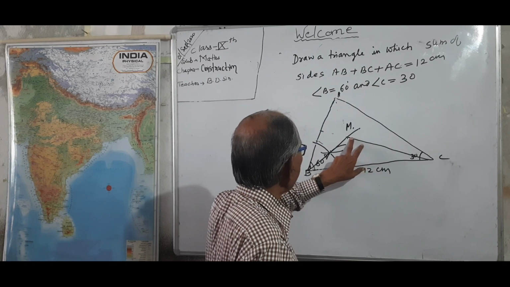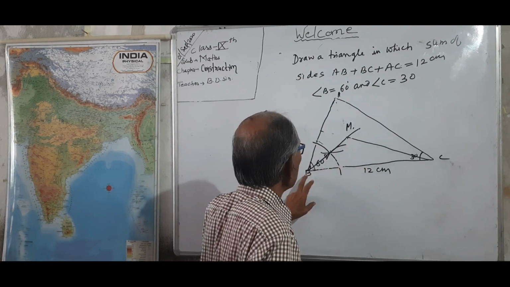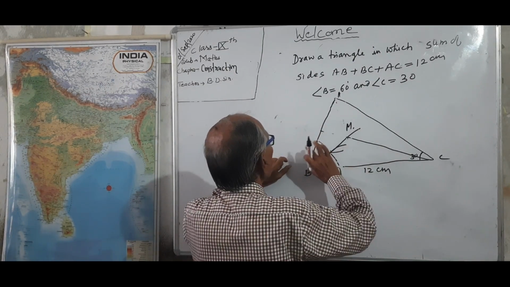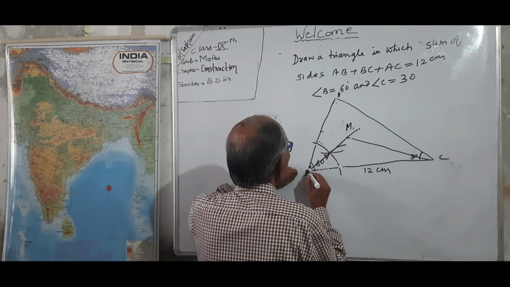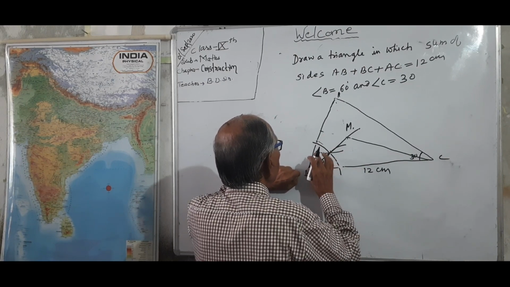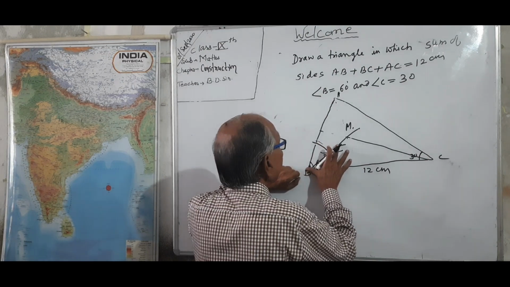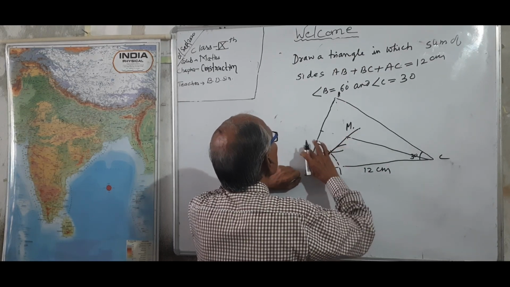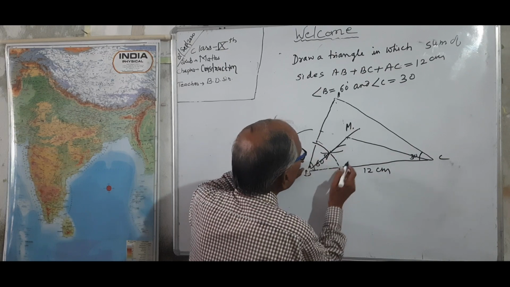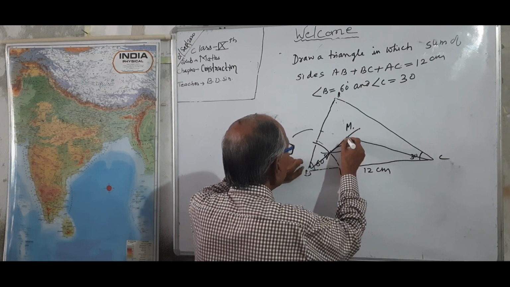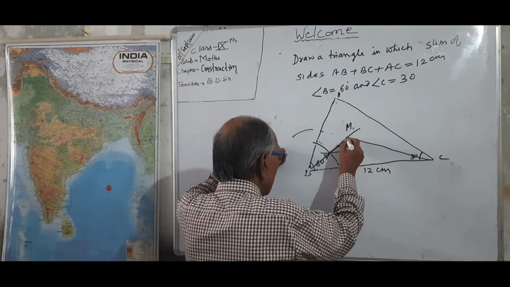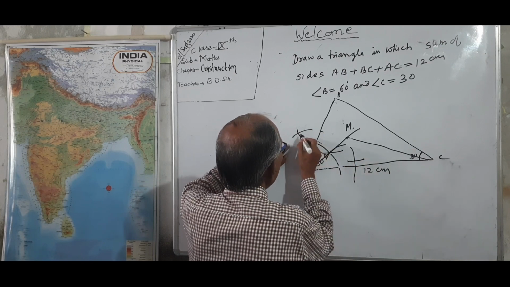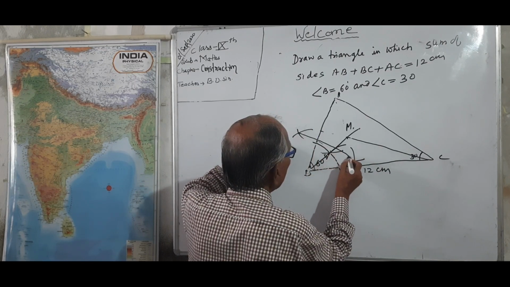we draw a perpendicular bisector of BM and MC also. Using the same method, we take the nozzle of the compass at B and draw an arc whose length will be more than half the length of BM, suppose this, and this side also we have to draw. And from M, we draw the same arc which cuts the first arc, suppose this, and we now join this line.